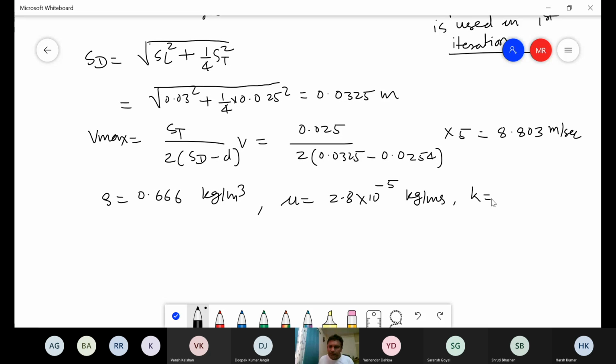K is given as 0.042 watt per meter degree Celsius, and the Prandtl number is given as 0.683. Let me just check whether these properties are correct.